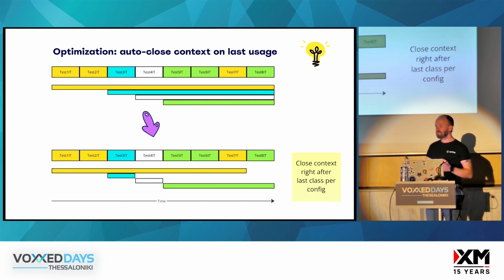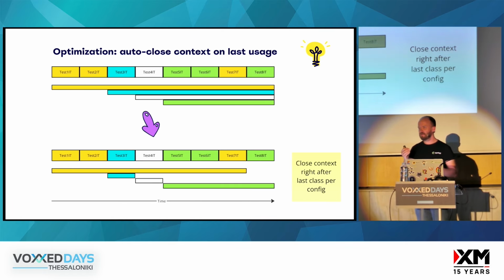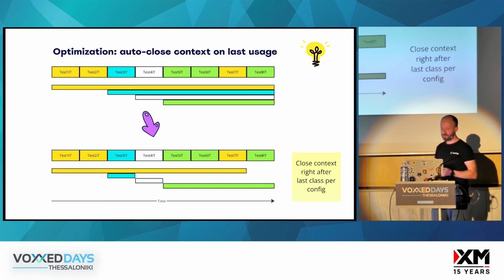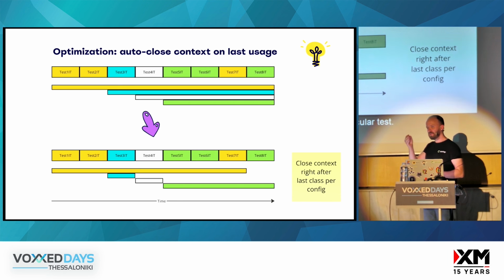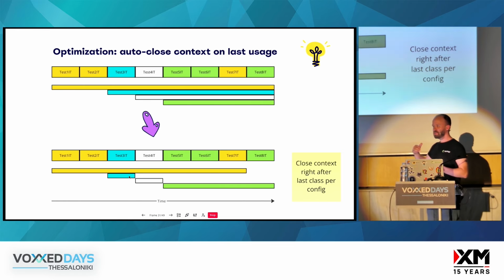What we can do, if in the beginning we know in which order our tests will be executed, is know after each particular test whether this is the last class that will need this context or not. For example, for test 3 we know that after it there is no other integration test that will need its context.